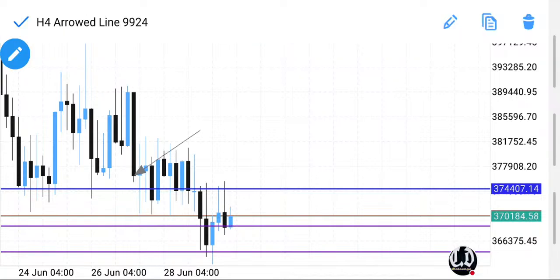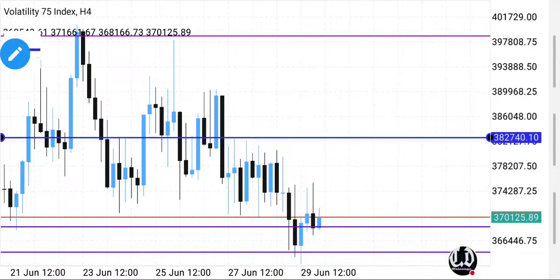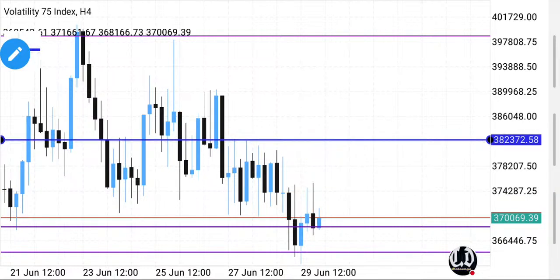We have an H4 zone here. I will wait until this zone gets broken. If you are to take buys, you have to wait until 72.58 gets broken.